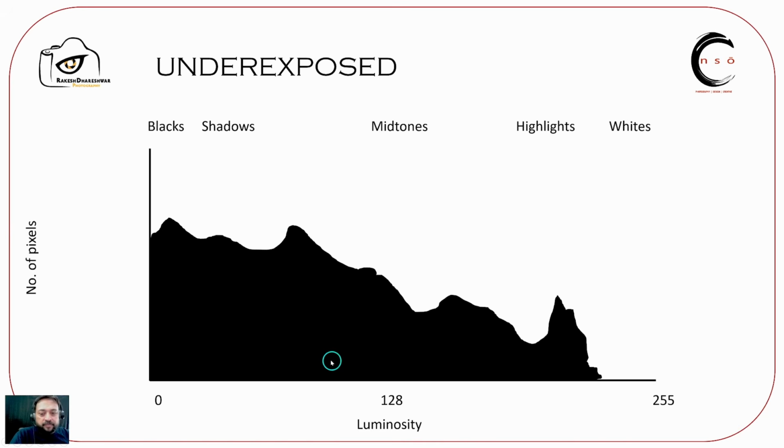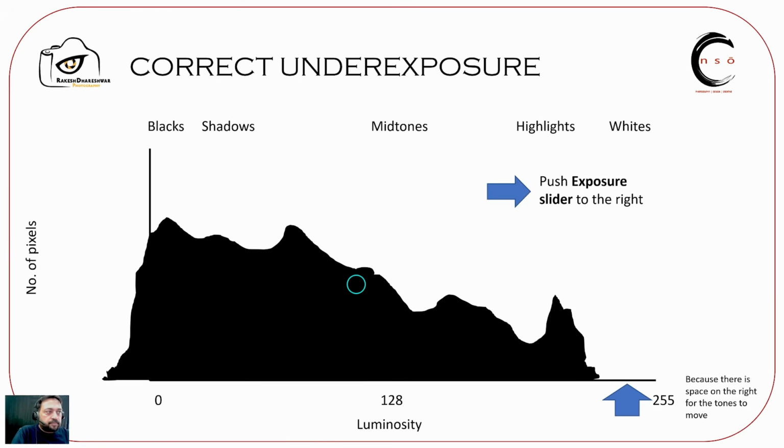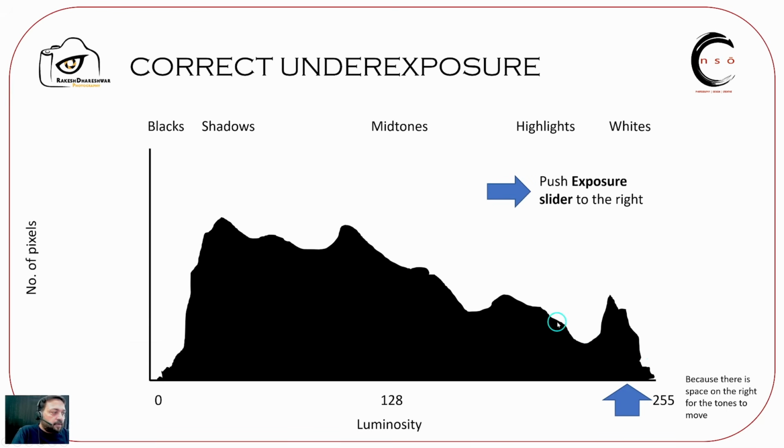So, how do we correct for this? Because there is space here on the right side, we want all the pixels to move to the right so that we get the correct exposure finally, and we use the exposure slider by adding a positive compensation. So we move the slider to the right, and this whole tone graph will move to the right.